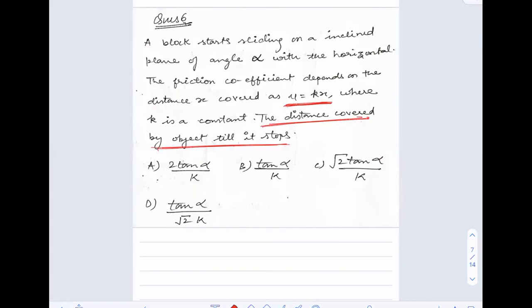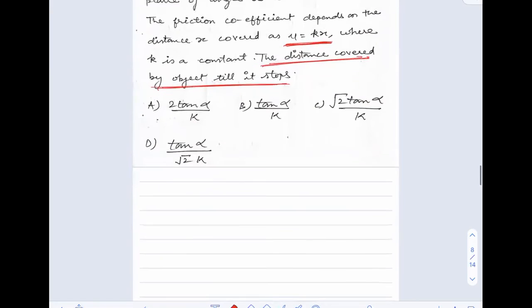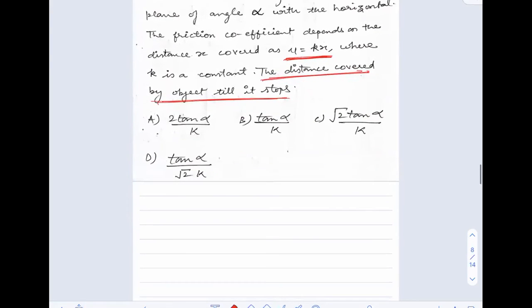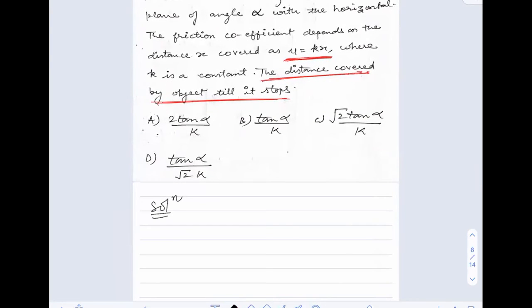So just see this question, and I'm going to solve it. Read it carefully once. Okay, now let us start this question. Now this question says that a block starts sliding on an inclined plane.